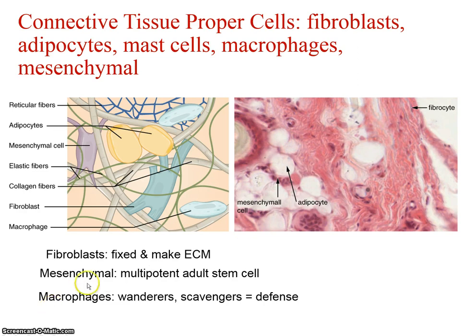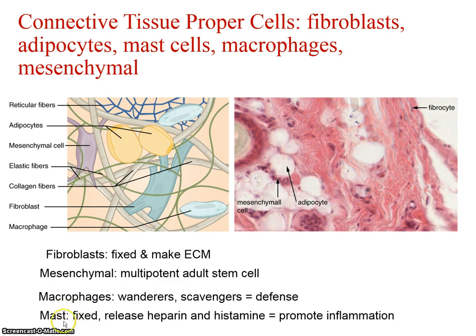The macrophages tend to wander, and they are large eaters, and they pick up bacteria, viruses, dead cells. So they're called scavengers, and they help defend you. And then mast cells are also fixed and stay in place.